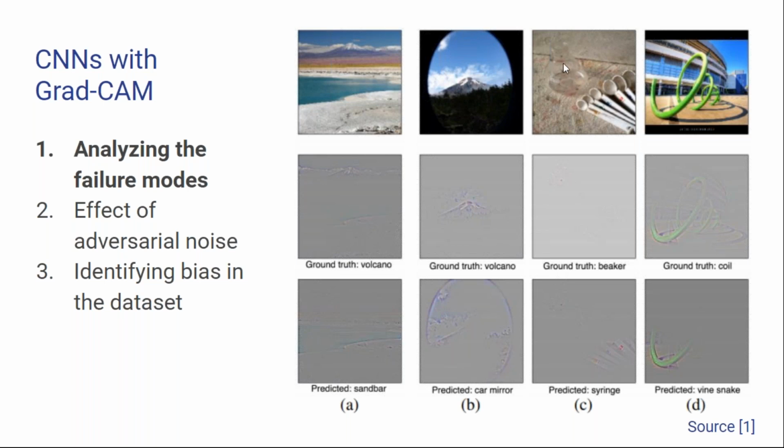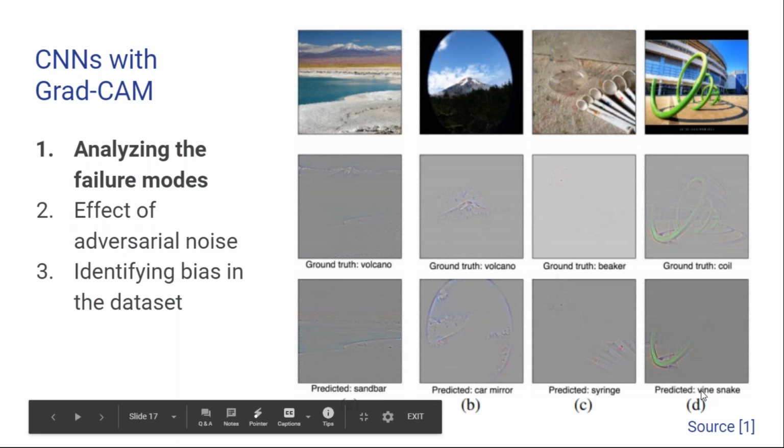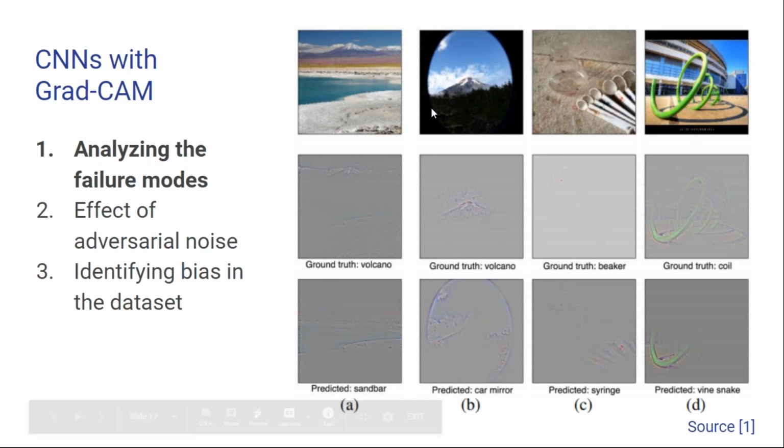Here you have both a beaker and a syringe, so which one to call, we don't know. This also looks like a snake, right? So the model predicted a snake, thinking that this looks like a snake, and that's what it explains here. But due to the ambiguity of the image itself, the model gives you a wrong prediction.